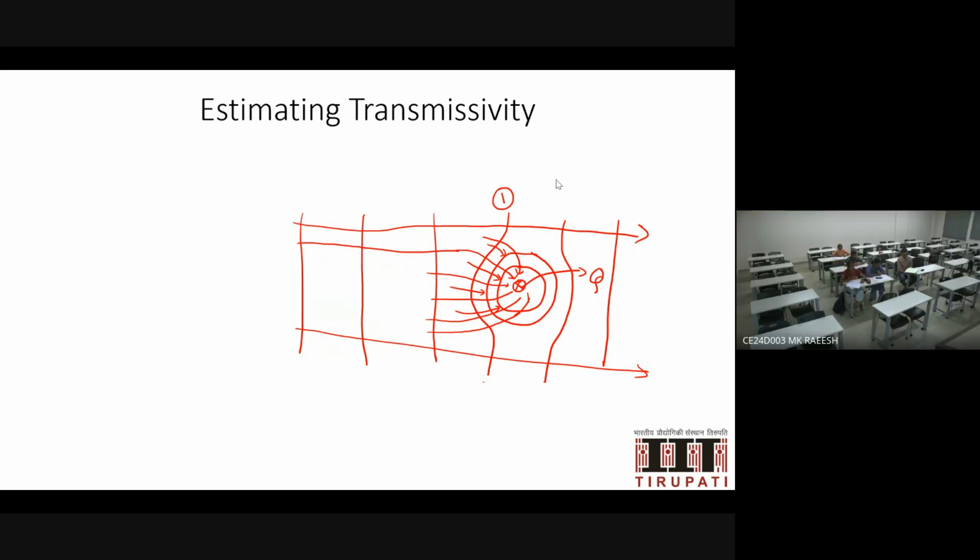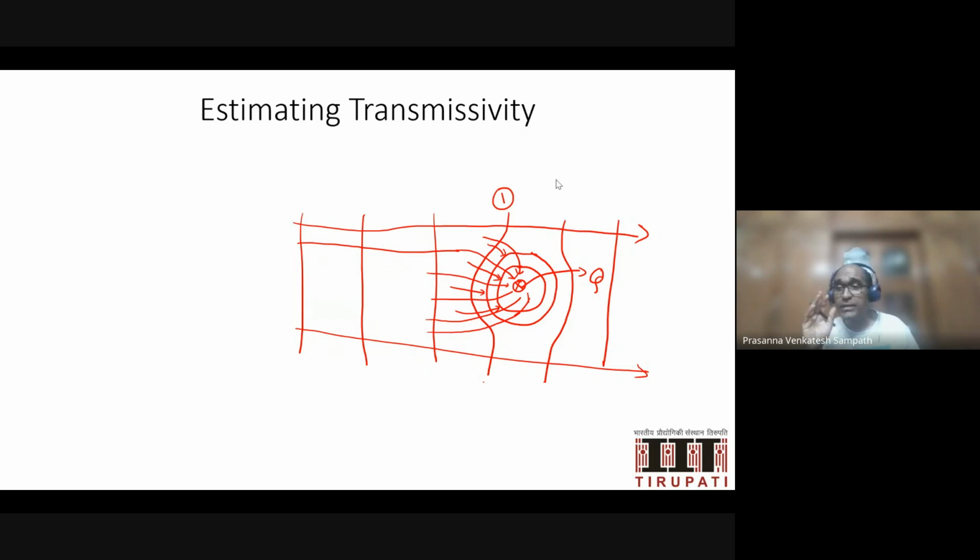Okay, so now let us say I'm pumping at some rate Q from this pumping well, and if I have these kinds of flow nets or head contours that have been developed for this region, then it is possible for me to estimate what the transmissivity of the aquifer is just by looking at the flow net. Okay, so this flow net diagram is giving me a pictorial representation of how the head is varying in that region in response to this pumping well. Okay, I know what the pumping rate is.